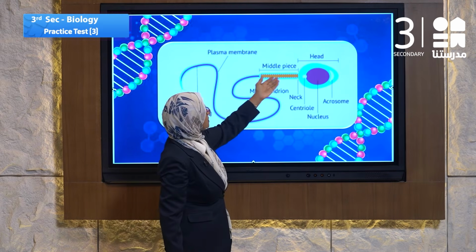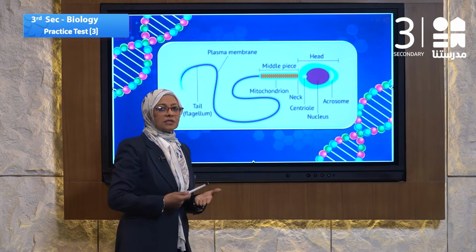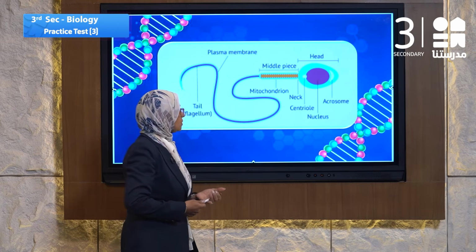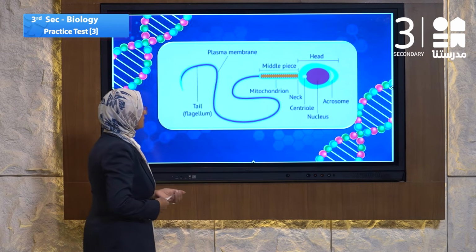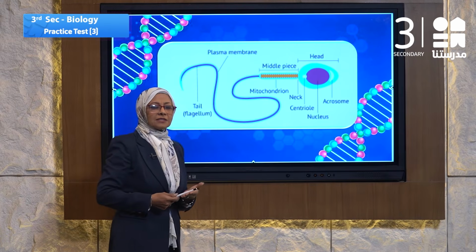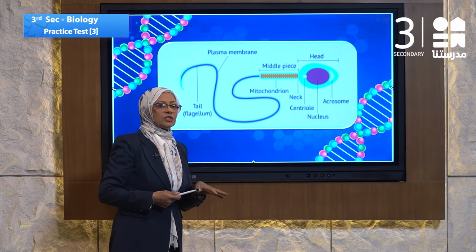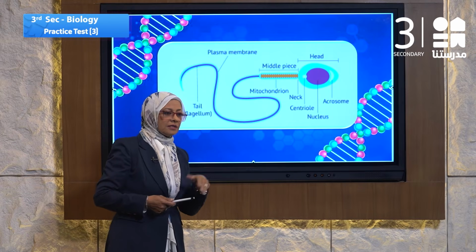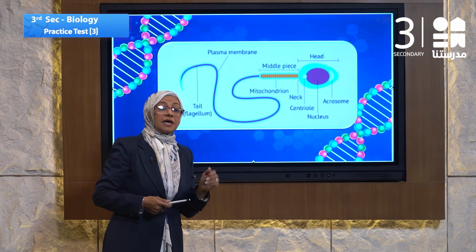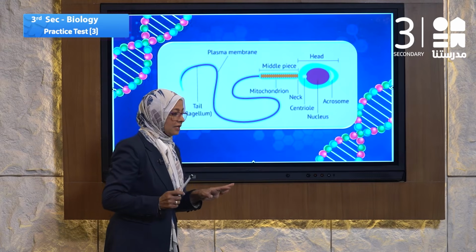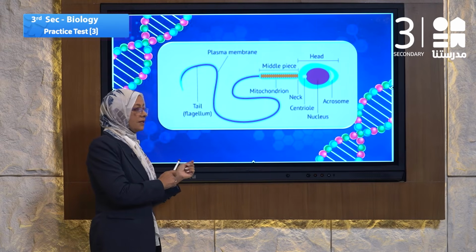The third part is the middle piece. The middle piece contains mitochondria. Mitochondria are classified as prokaryotic living organisms, which are found inside the cell and contain a special DNA specific for them.